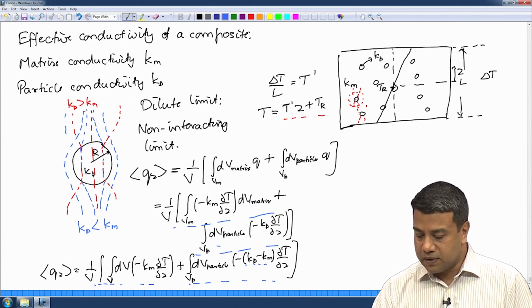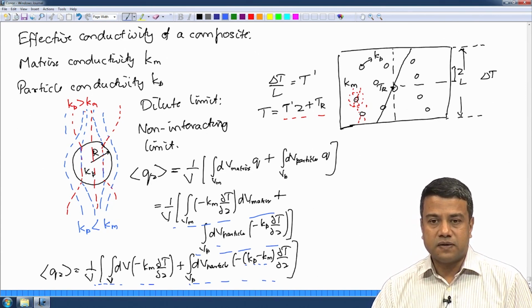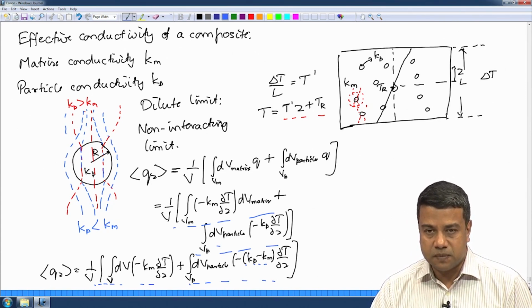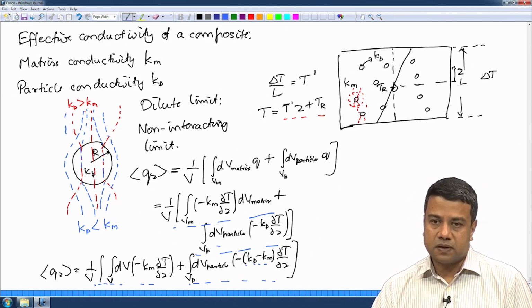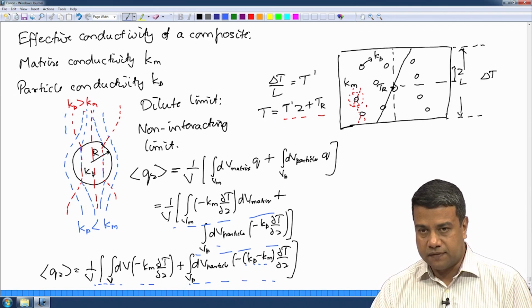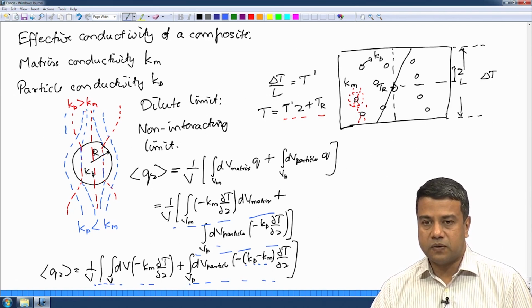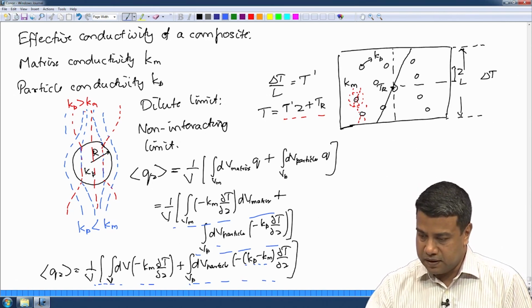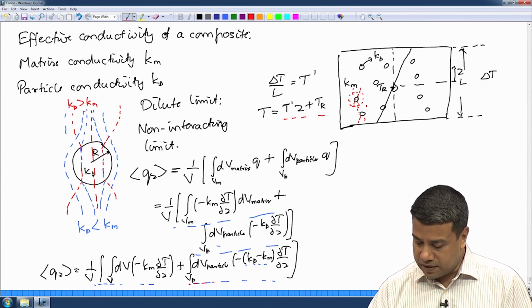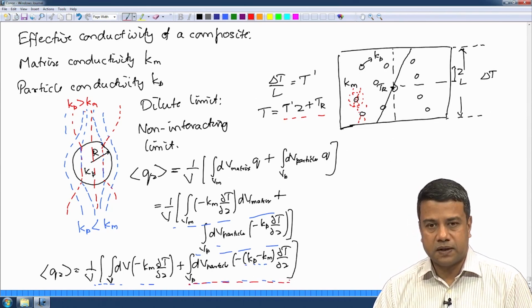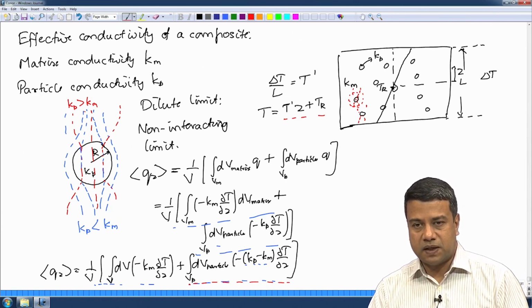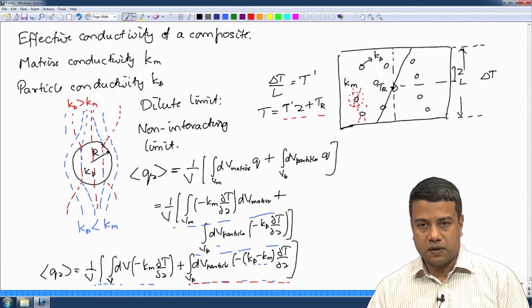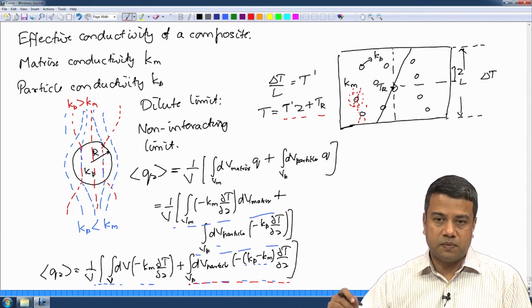The advantage with doing it the second way is that this second term gives you effectively the temperature disturbance due to the particles. If the particles were not there, or if the particle conductivity were equal to the matrix conductivity, this second term would be effectively equal to 0. So, I have written it as 1, an integral over the entire matrix, and 2, the disturbance due to the particles alone.